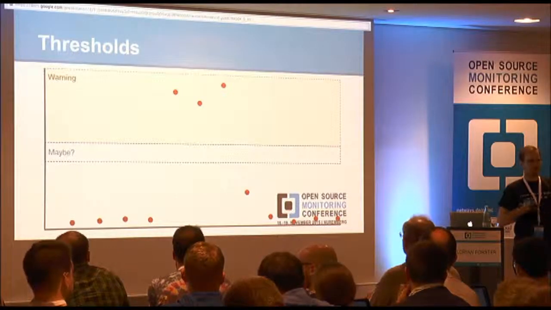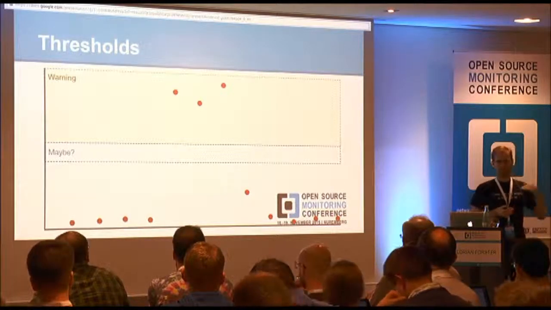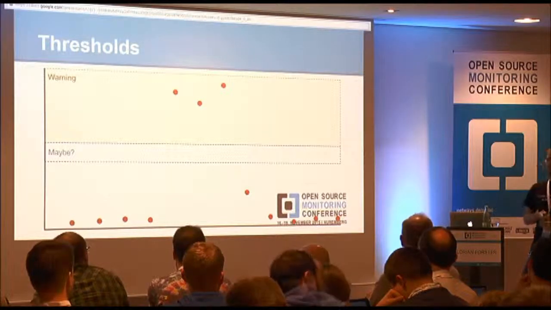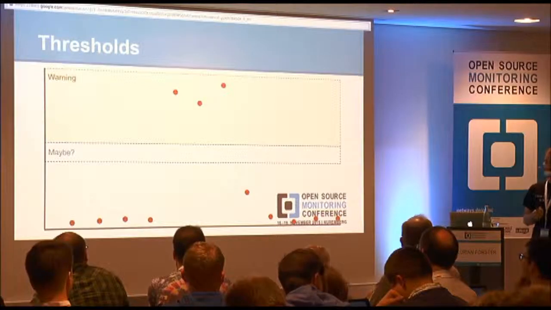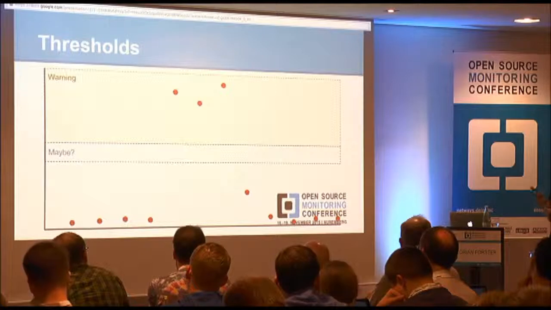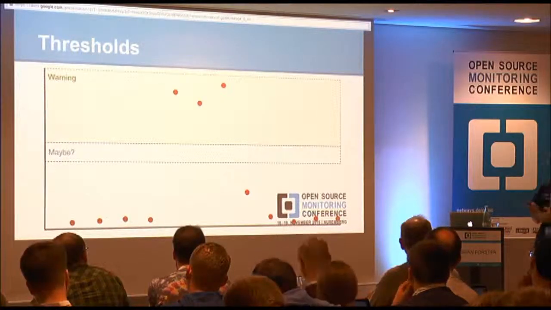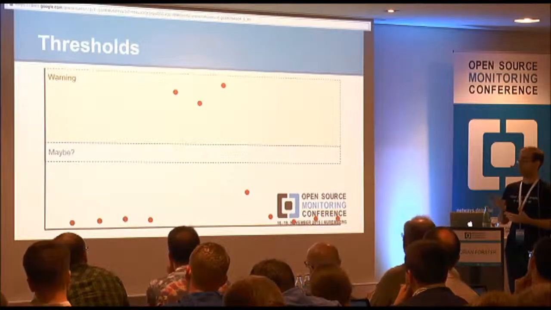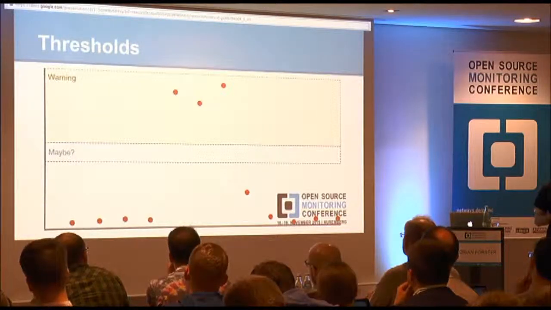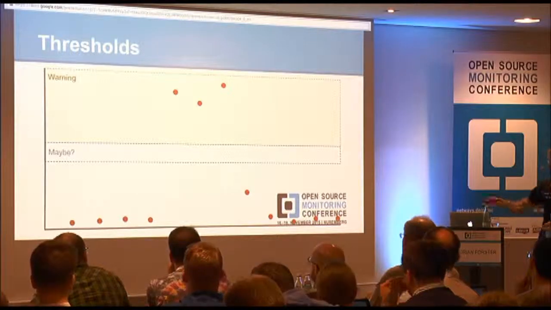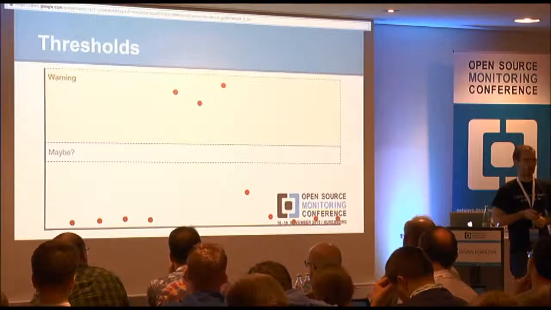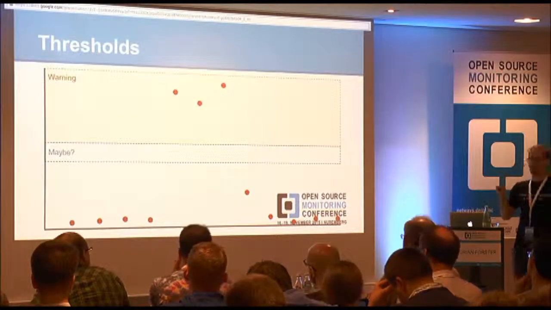However, this solves the problem for some cases where you're close to the threshold, and you may occasionally be very close and maybe even a little bit above, but you don't really care. But another common pattern is this, and this cannot be helped with the hysteresis curve. This is a very common pattern with latency. It's fine, it's fine, it's fine, then some backup is happening or an abusive user or something else bad.